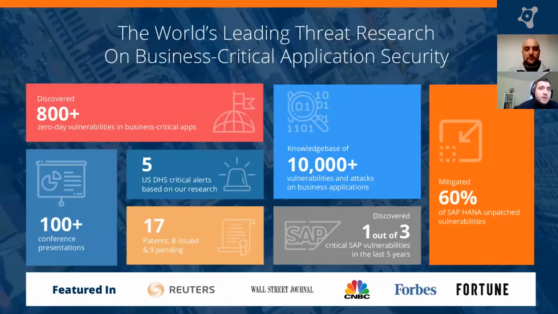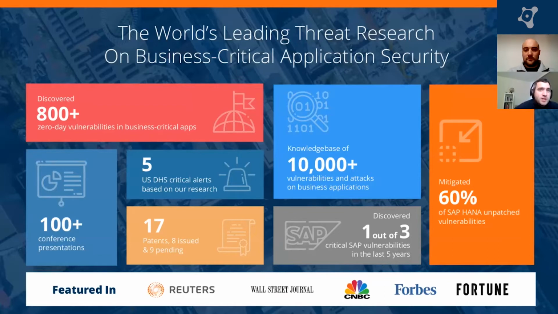Before getting into the threat landscape and the context, I wanted to touch base on the genesis of all this research and who is the team behind this, what we call the Onapsis Research Labs, which is the leading threat research on business critical applications, specifically SAP and Oracle applications, but in general, many different technologies and applications.